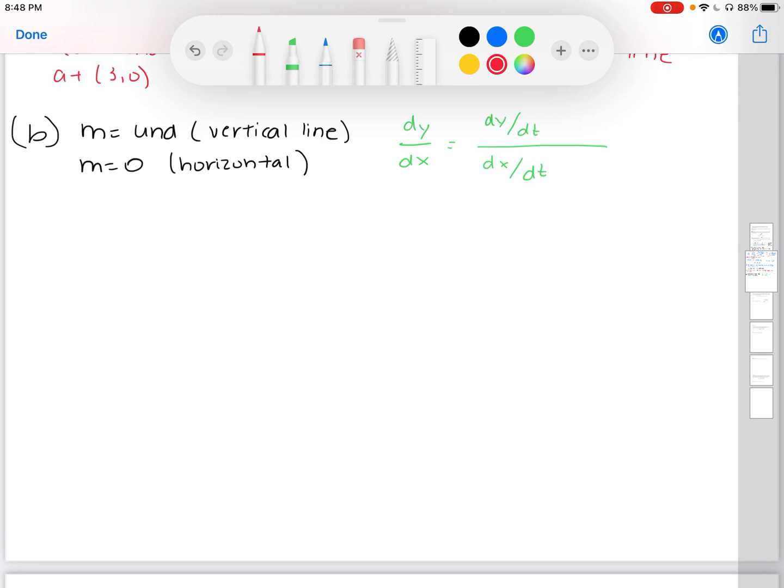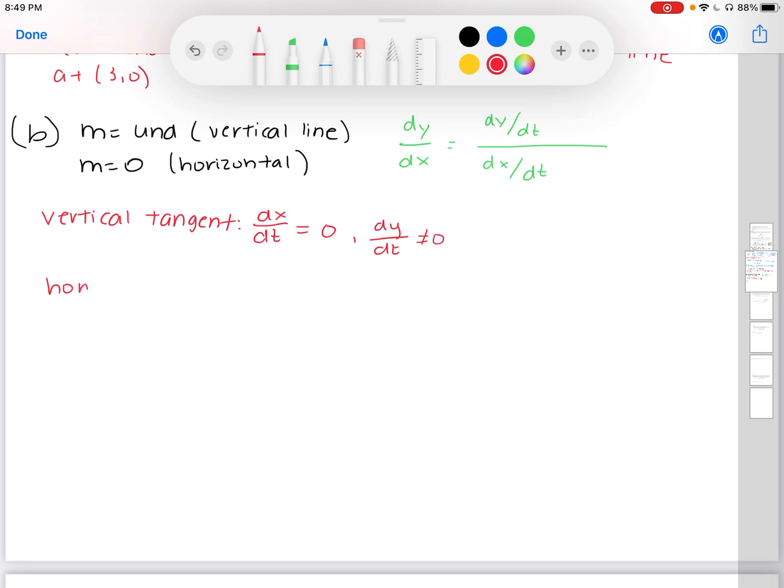So we can conclude that when we have a vertical tangent line, that happens when our dx/dt, our denominator, is equal to 0, with the condition that our numerator, dy/dt, is not 0.